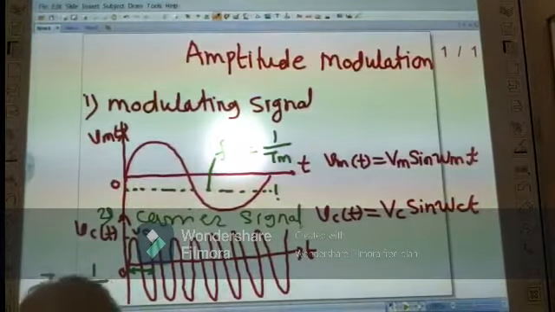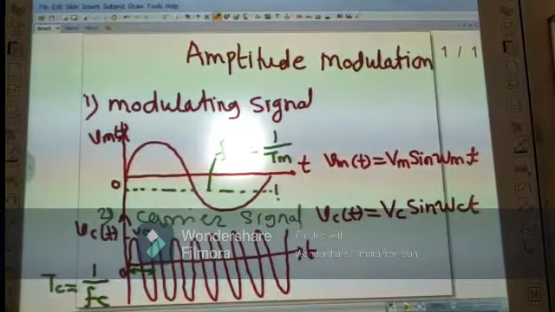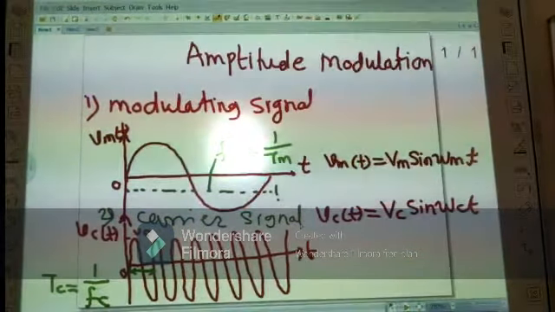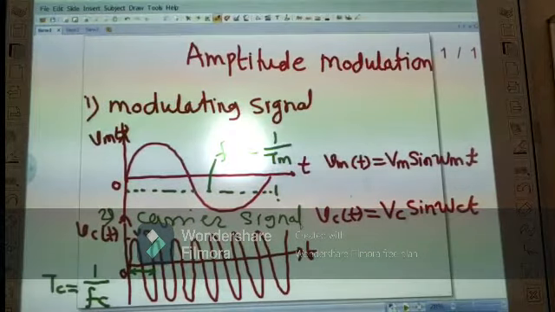Today we are going to study the amplitude modulation and demodulation practicals.